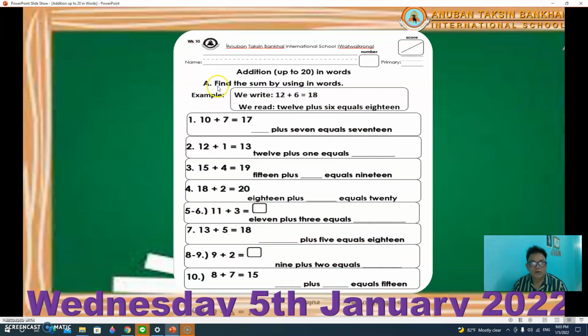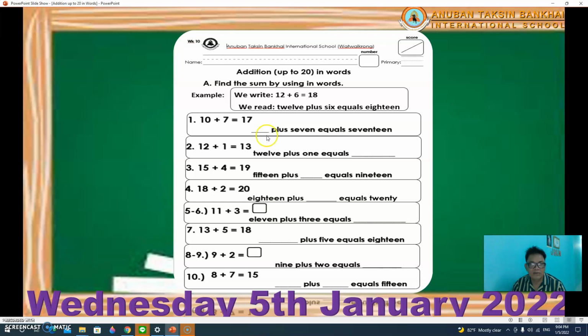So this is your worksheet from yesterday, and we're going to answer it. 10 plus 7 equals 17. Blank plus 7 equals 17, so what is the missing one? 10. For 10, T-E-N.